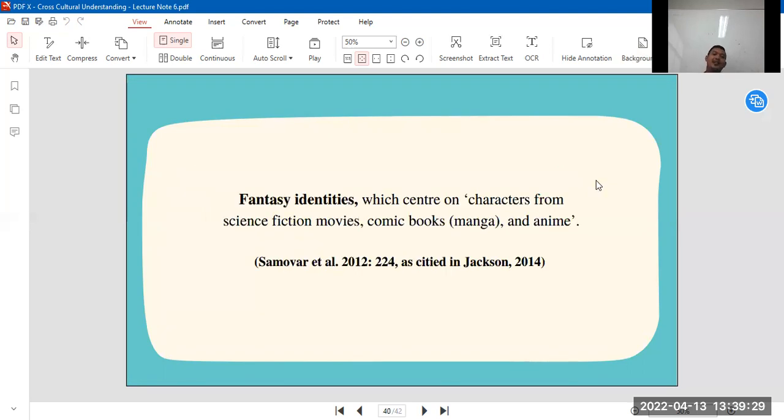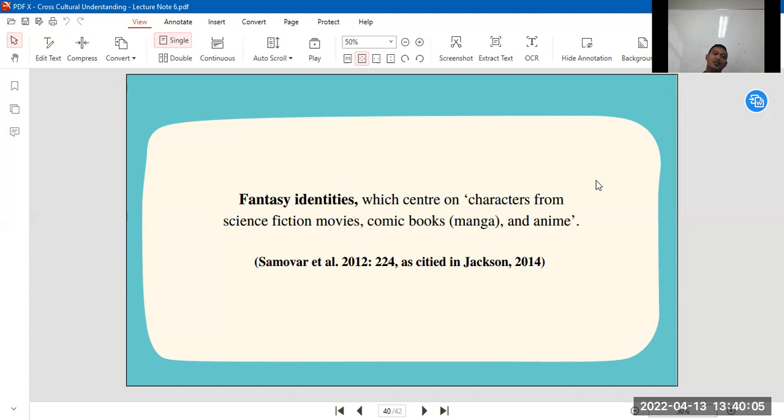And fantasy identity, which centers on the characters from science fiction movies, comic books, and so on and so forth. People pretend to be like them. They have the actions. They wear the dress code like their favorite actors, favorite movie figures, in the anime, in manga, or in other cartoons, and it shows the fantasy identity.